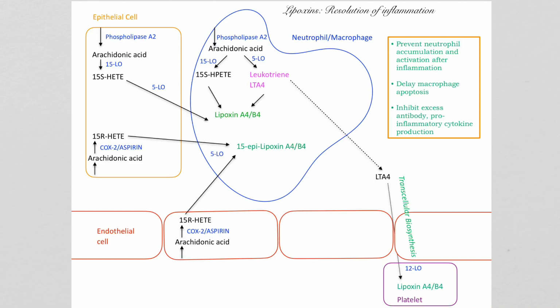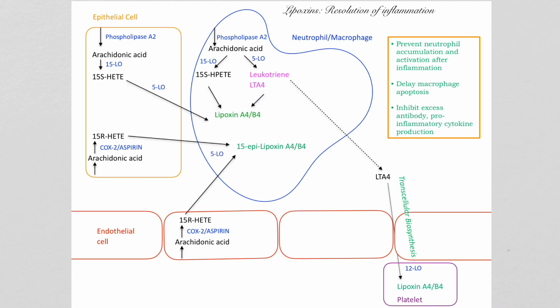So this synthesis of lipoxin from leukotriene, where the leukotriene is made by one cell and then the lipoxin is made by another cell, is called transcellular biosynthesis. So you can see lipoxins can be made by different cells and different biosynthetic routes. And also you can see that aspirin has a beneficial role in lipoxin synthesis.